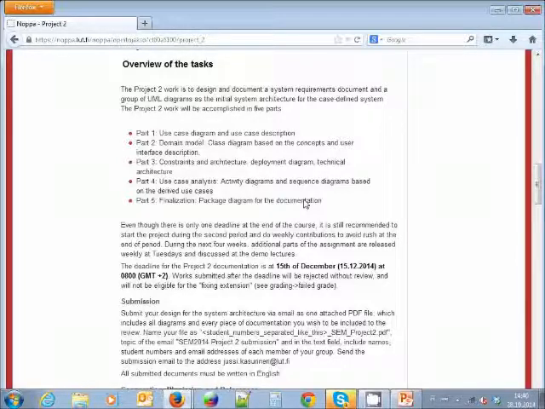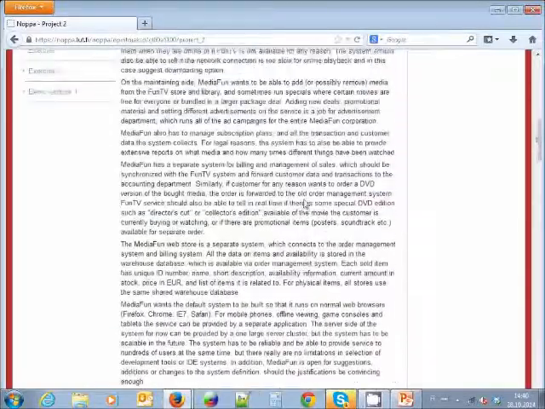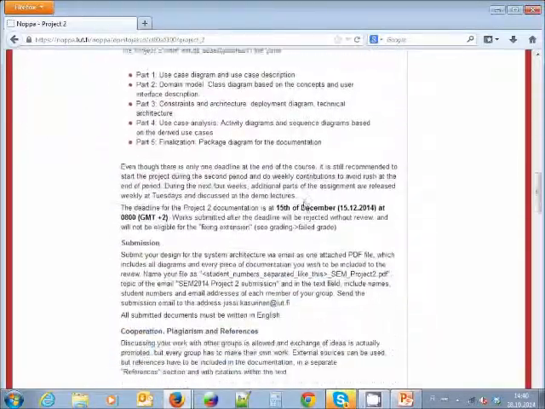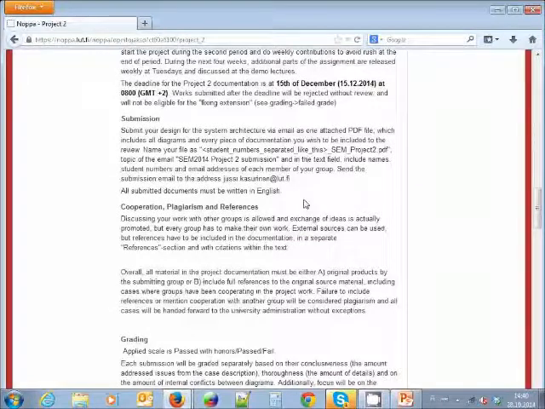There's several pages of instructions here, how to do things and what sort of things we want to have there. But remember that everything you design, if you can prove that your design works, I will approve it. There's no one right answer here. Just make something that's logical and would be feasible as a product.